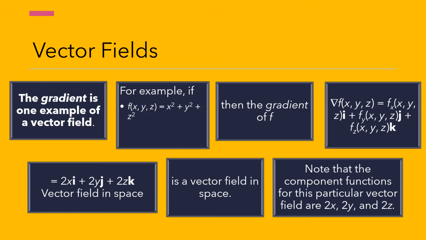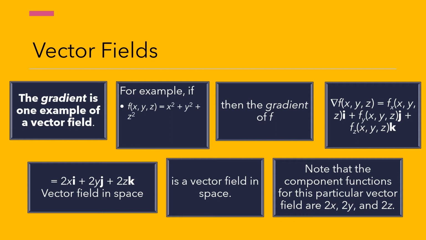If in this example, small f, the scalar function is given by x squared plus y squared plus z squared, then the gradient will be del f, which is the partial derivative of f with respect to x multiplied by i, partial derivative of f with respect to y multiplied by j, plus partial derivative of f with respect to z multiplied by k, which will be 2xi plus 2yj plus 2zk, and this is a vector field.